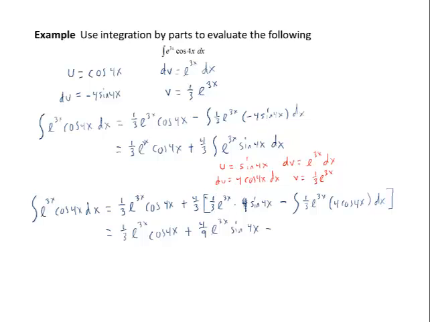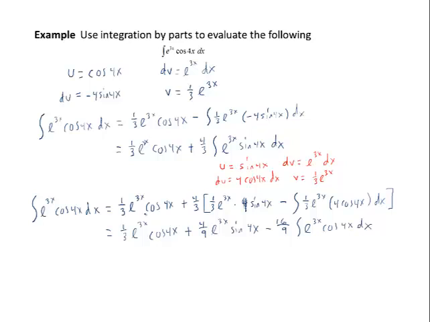This 4/3 distributed by that 4/3 will give me 16/9 the integral e to the 3x cosine 4x dx. At this time, it's like, well, wait a minute. We now have an integral that's exactly the same as the integral we started with. This integral is the same as this integral.